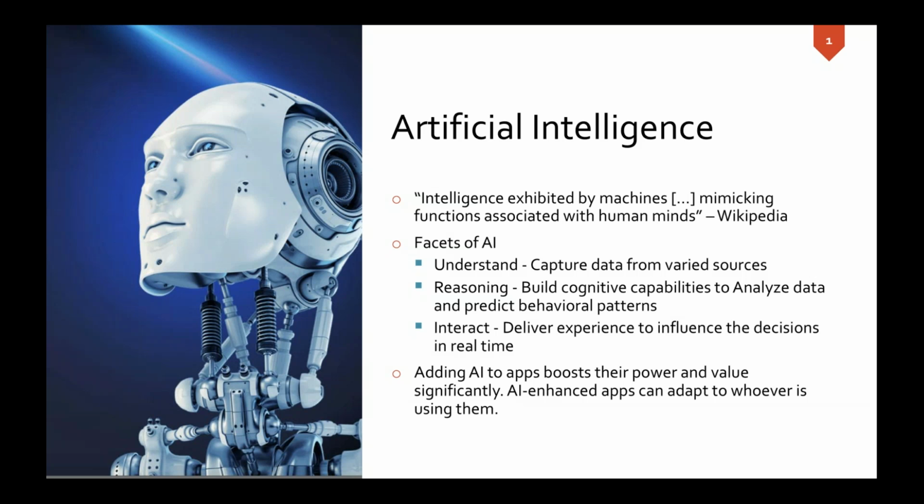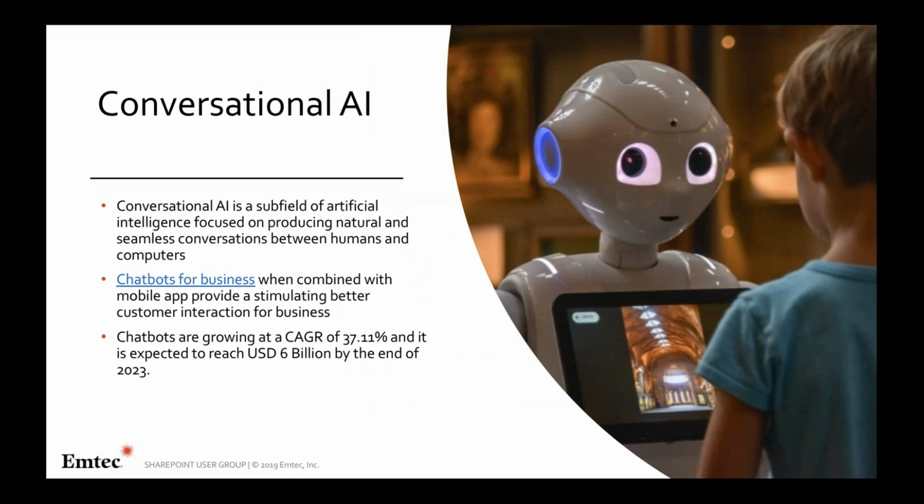Adding AI, of course, boosts the power of the apps significantly. Things that were traditionally not possible are now easily possible. You can look at the reach of typical devices. I'm diving specifically into conversational AI, which is what chatbots are all about, and how the reach of devices like Google Home, Alexa and Cortana is all over the marketplace today, right?